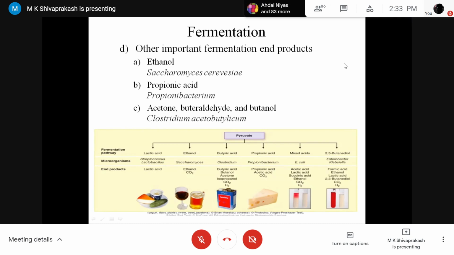Then 2,3-butanediol, which is produced by Enterobacter aerogenes, is used in a test called the Voges-Proskauer reaction. Both of them are used together, and together it is called the MRVP test, methyl red Voges-Proskauer reaction.